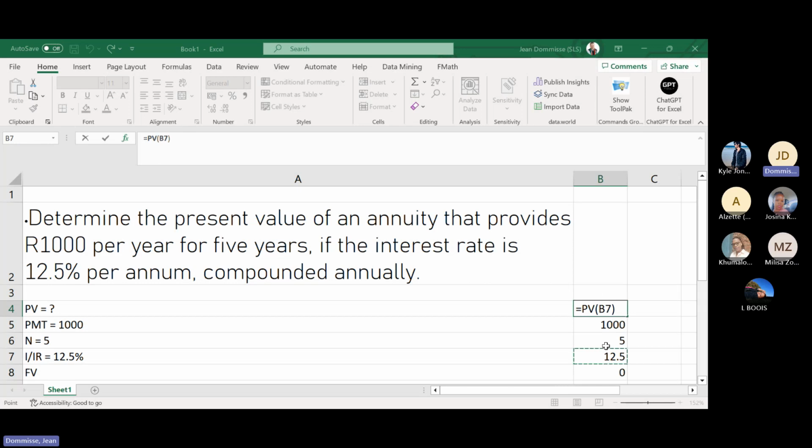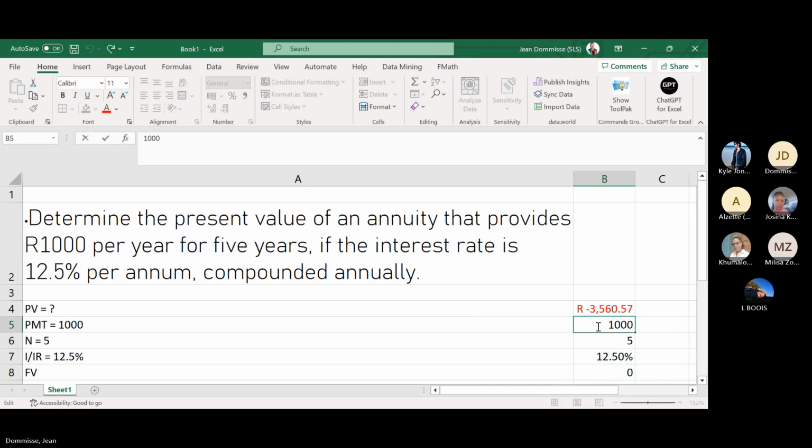I'm just going to change that to percentage now, just so that it reads it correctly. Your period is 5. Your payment is 1,000. Your future value is 0. Let's just make that percentage.